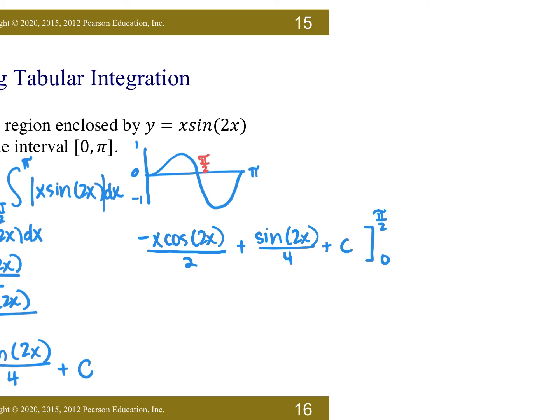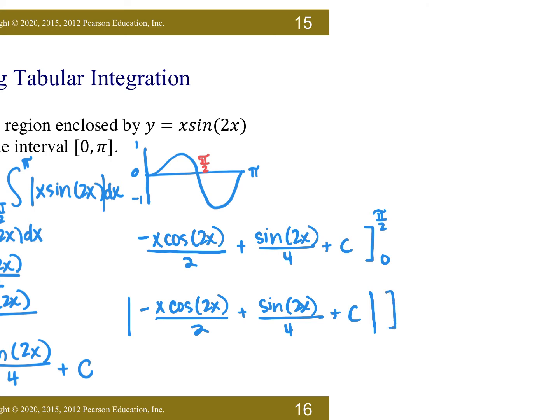We also are going to have an absolute value of negative x cos 2x over 2 plus the sine of 2x over 4 plus c, absolute value. And this one goes from pi halves to pi.